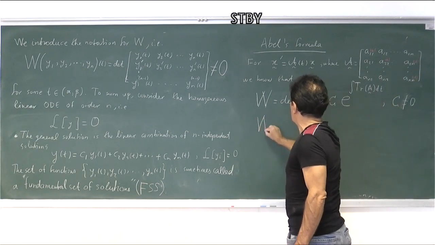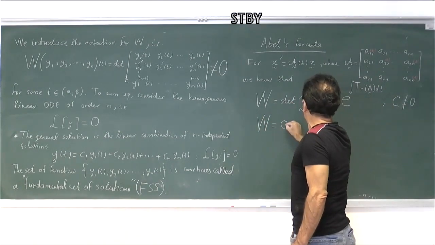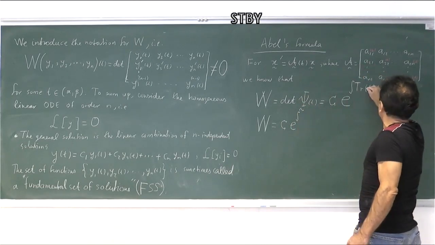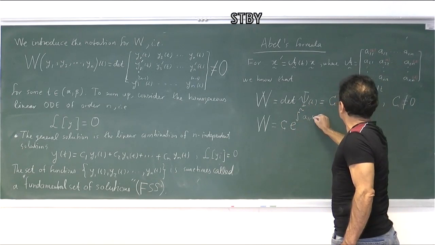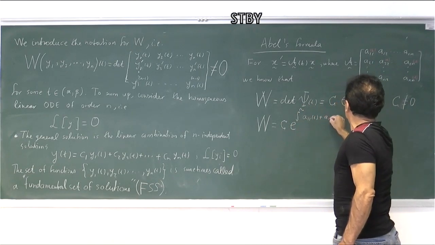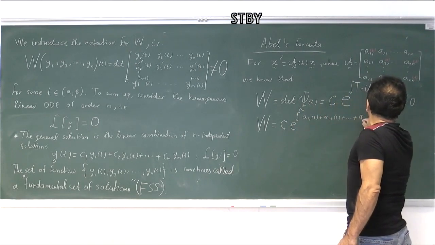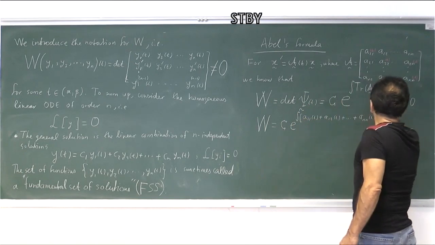So the Wronskian determinant is C times e to the power integral of the trace of this coefficient matrix. Look, the trace is A11 of t plus A22 of t plus up to Ann of t, dt.